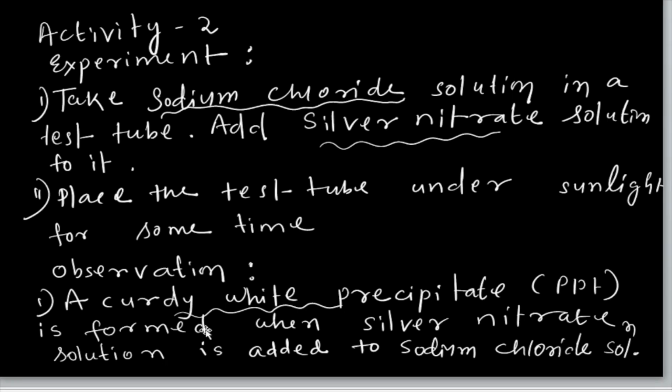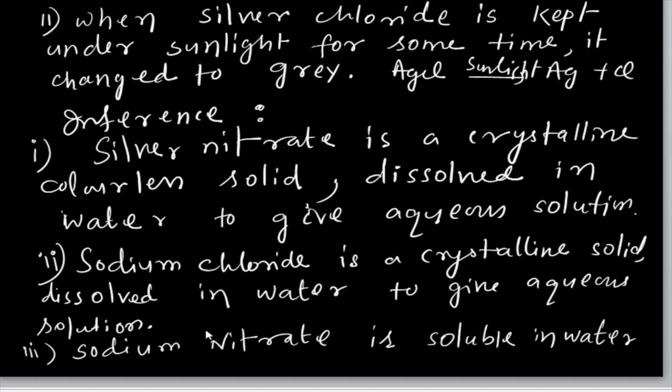Now, what happens when silver chloride is kept in sunlight? It gives silver. First, sodium chloride and silver nitrate produce silver chloride.